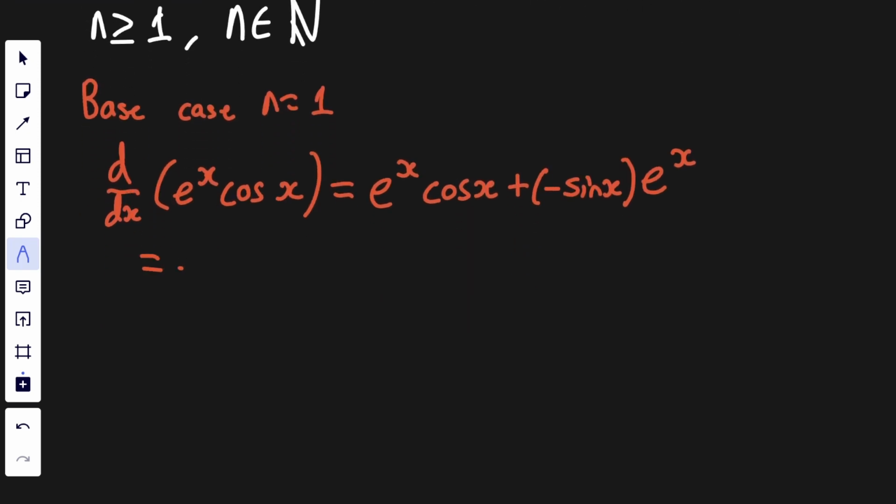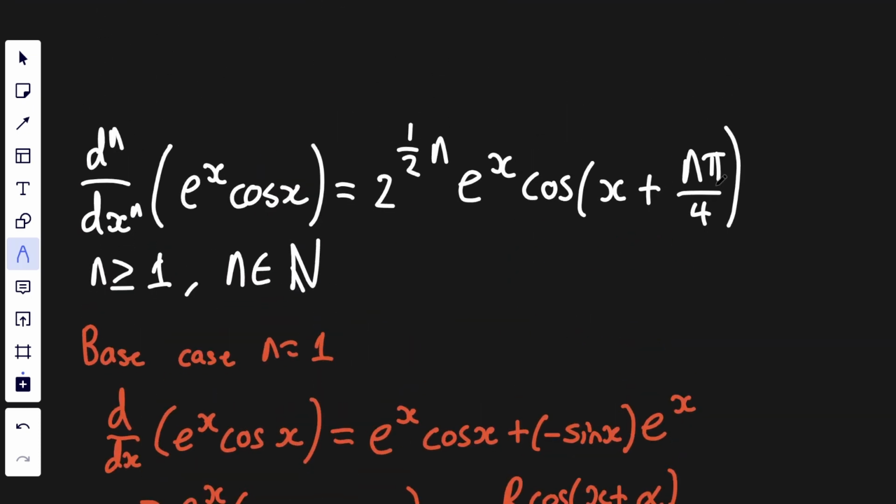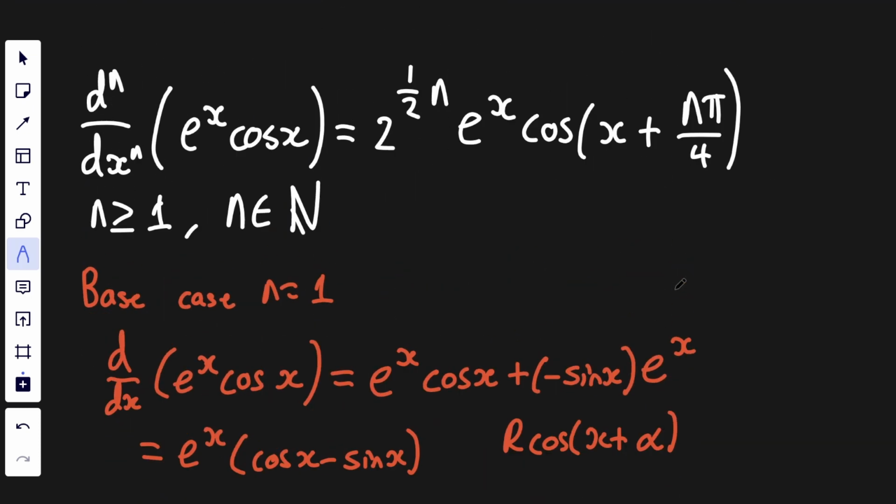Pulling out a factor of e to the x, this is the same as e to the x (cos x minus sine x). Now, if you're not familiar with R cos form, it would help to be familiar with it because that's where this formula has come from.